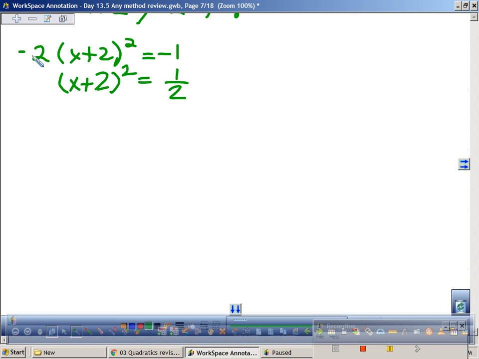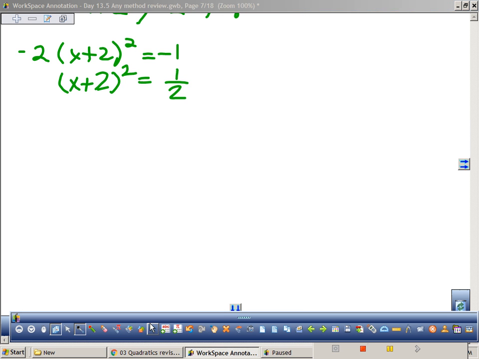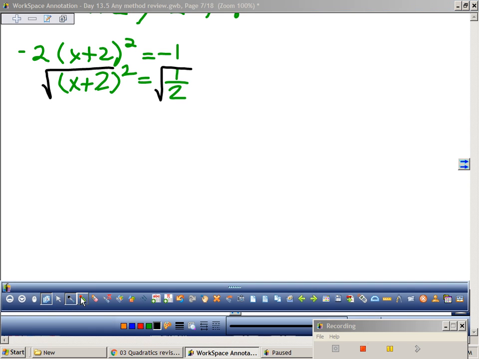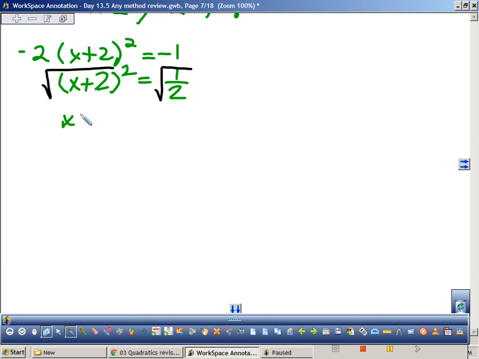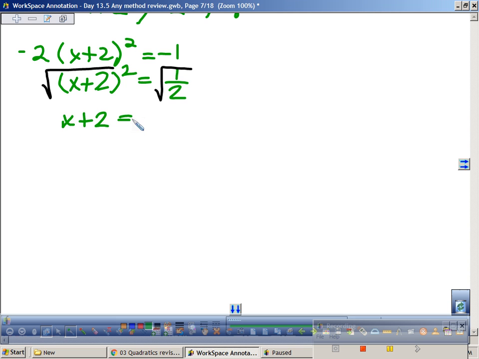Negative 1 divided by negative 2 makes positive 1/2. Then I'm going to take the square root of both sides. And I'm going to get x plus 2 equals plus or minus root 1 over root 2. I'm going to split them up. Negative 2 plus or minus root 1. 1 is always squared, right? So I get 1 over root 2.